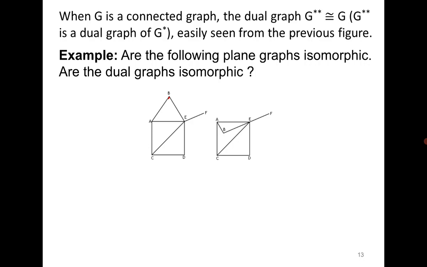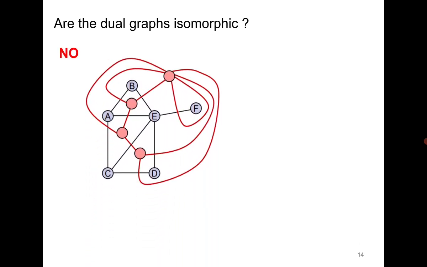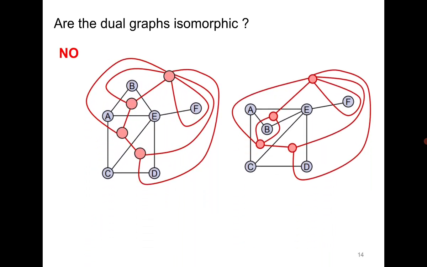The exterior face on both the graphs is different, and because of which, if you try to draw their dual graphs, they come out to be different, because the dual graph depends on the faces or on the plane drawing. So two isomorphic graphs can have different plane drawings, and therefore they can have different dual graphs. So the dual graphs are not isomorphic, and if you try to draw them, this can be easily observed.